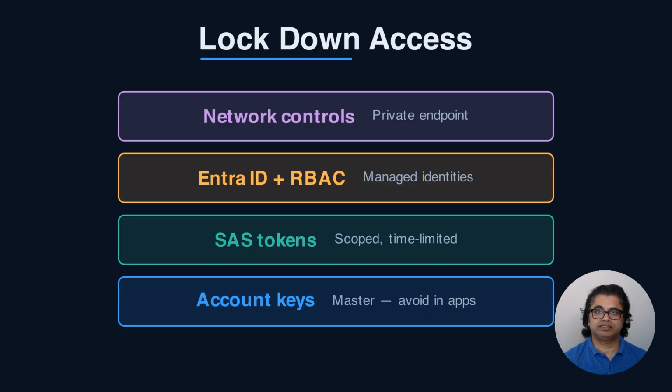On networking, disable public blob access, restrict the account to selected virtual networks, or front it with a private endpoint so traffic never leaves the Azure backbone. Always confirm encryption at rest is on, which it is by default with Microsoft managed keys.